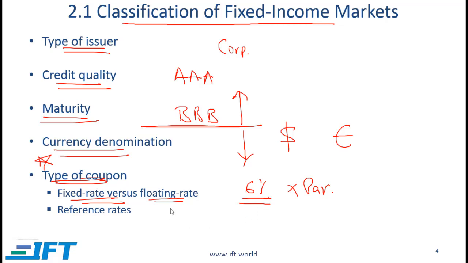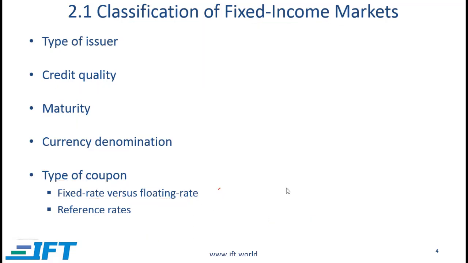With a floating rate, the coupon payment for a given period is calculated as the reference rate at the start of the period multiplied by the par value. Now, the reference rate that is generally used is an interbank offer rate. The reference rate could be different. It could be the prime rate in a country, or it could be the T-bill rate, but the interbank offer rate is what is generally used.